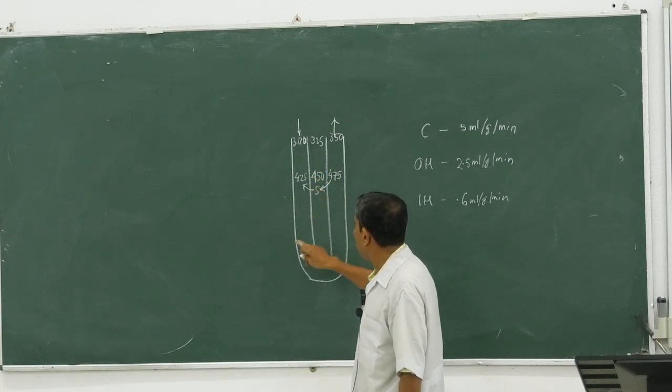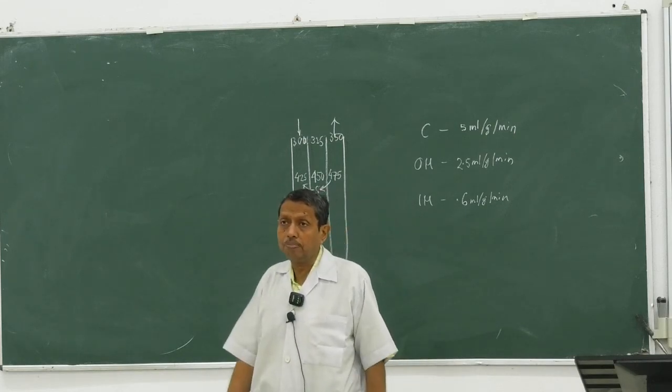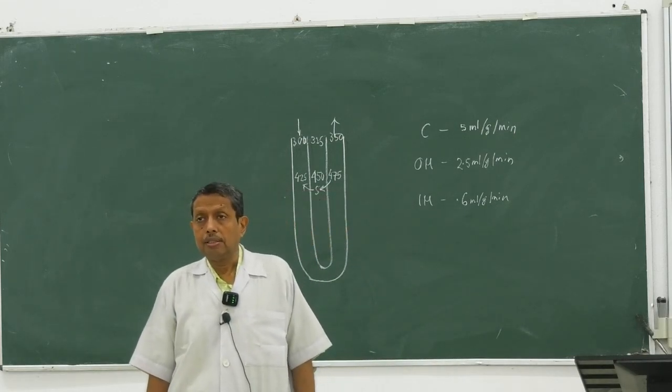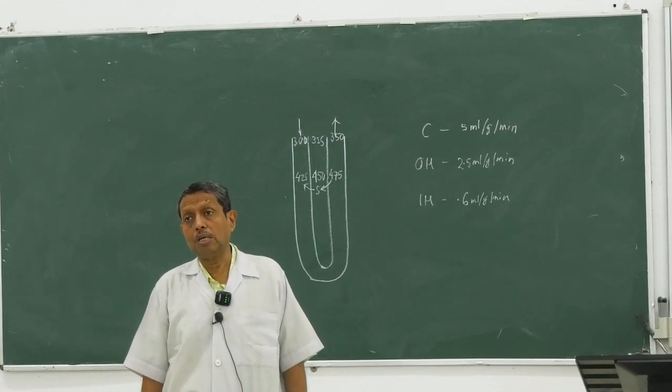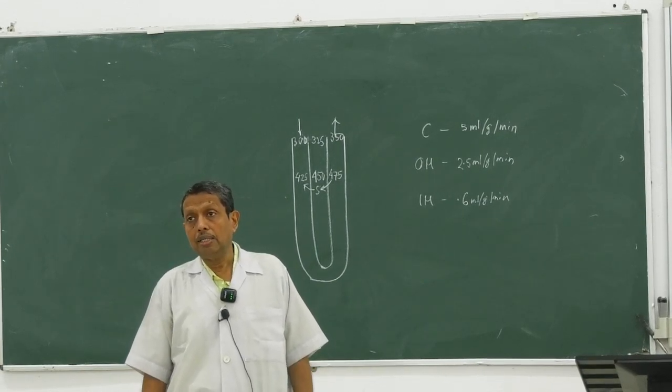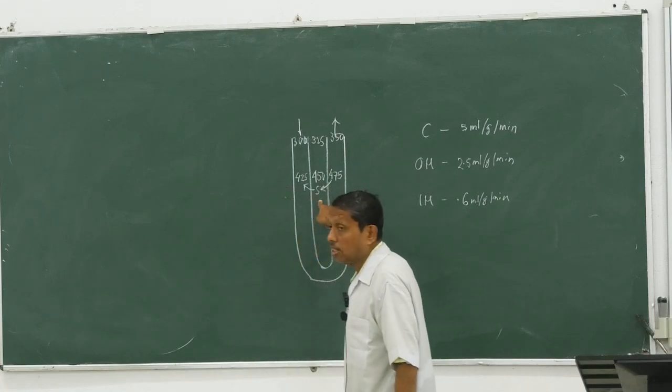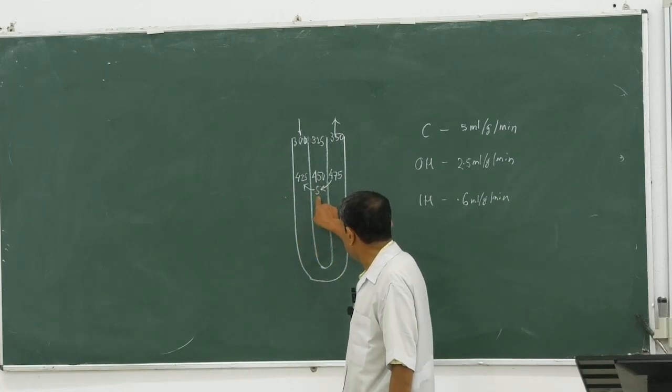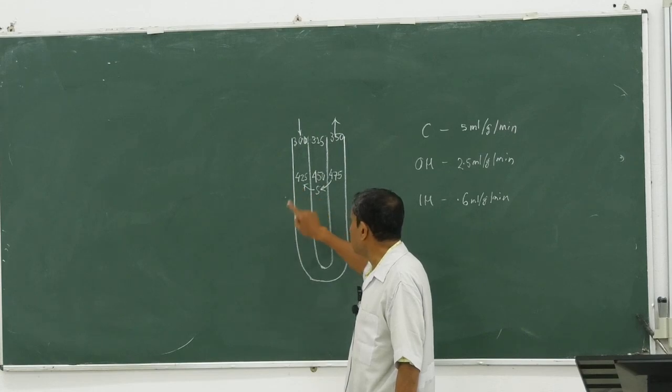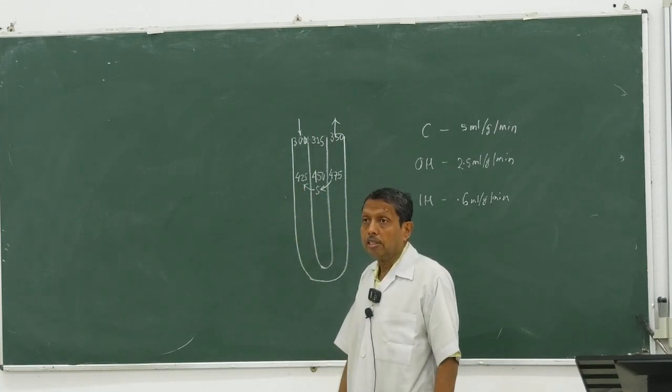By passive diffusion, solutes, that is sodium and other anions and urea, will enter the medullary interstitium, and from the medullary interstitium they will enter the descending limb of the vasa recta.